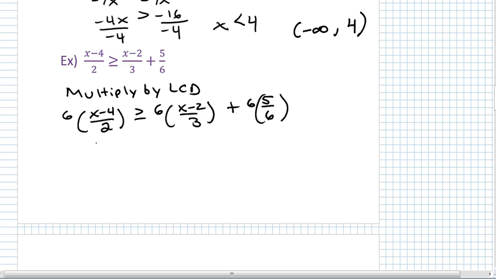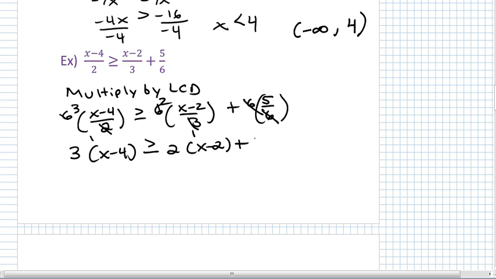So here you have 3 times x minus 4, because 2 goes into 6 3 times. 3 goes into 6 twice. And 6 goes into 6 once, so you have the 5 left.